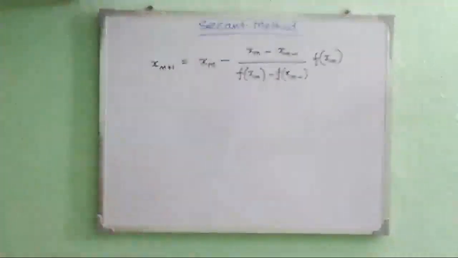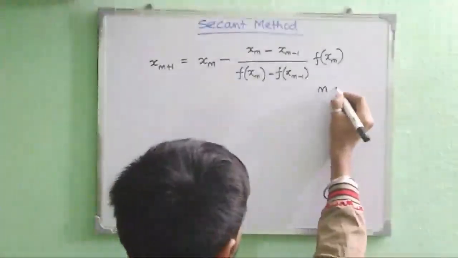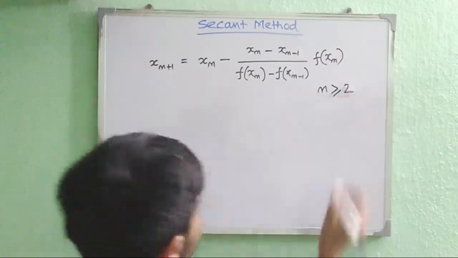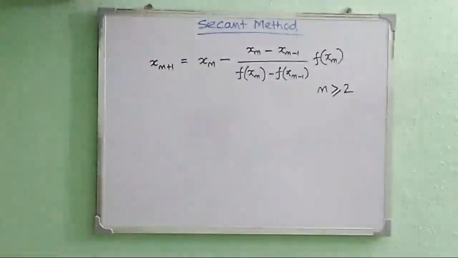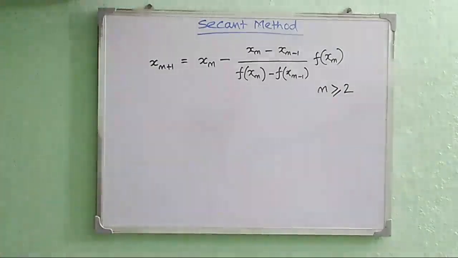So this is the general formula for the second method, and the condition is n must be greater than or equal to 2. Then only this formula is valid.